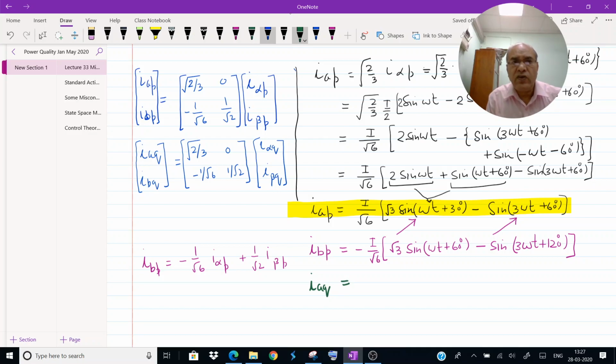Okay, simplify that, you will get I by root 6, verify with me, in bracket sine omega t plus 60 degree, and plus sine 3 omega t plus 60 degree.